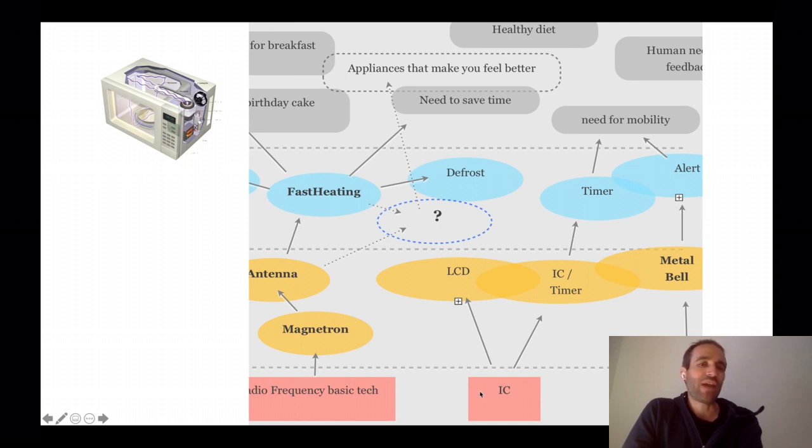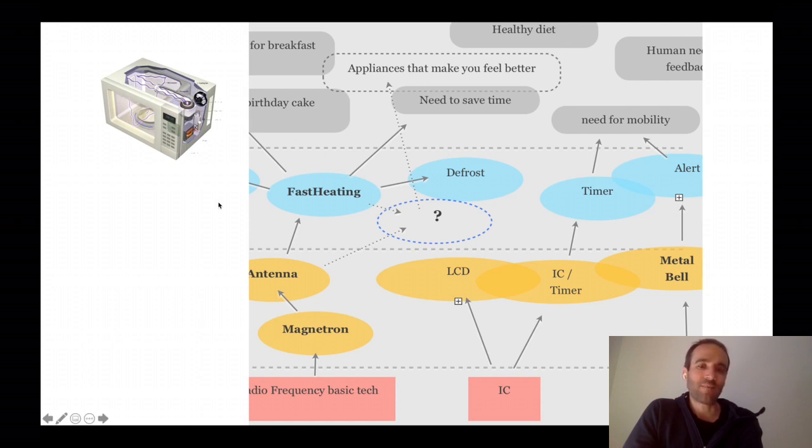In a microwave, we have also integrated circuits controlling a clock. So we have integrated circuit technology. And then we have a bit of sound engineering because we usually have a bell and so on. So let's say we have these three basic science fields. And then we go into applied technology in the microwave. How does a microwave work?